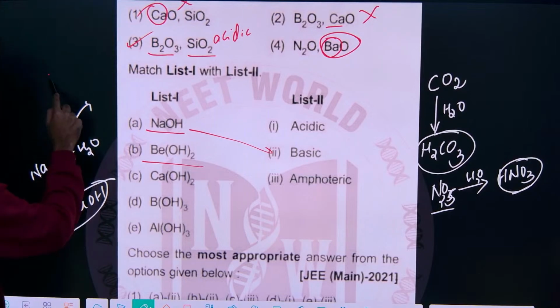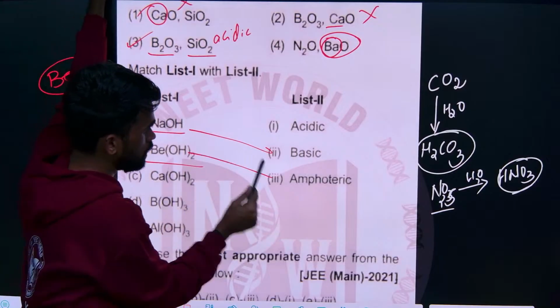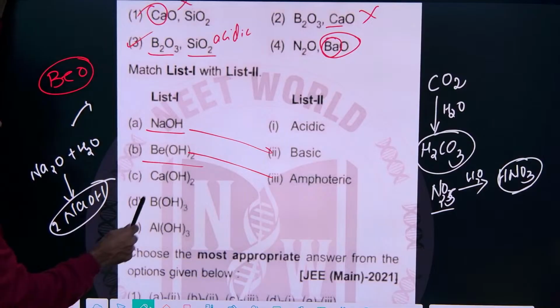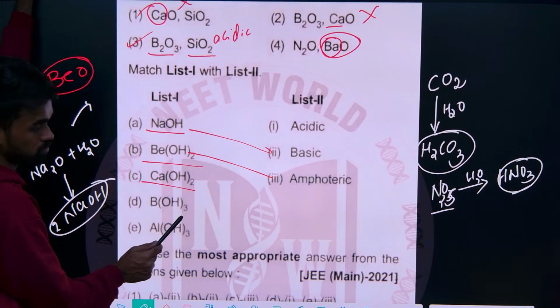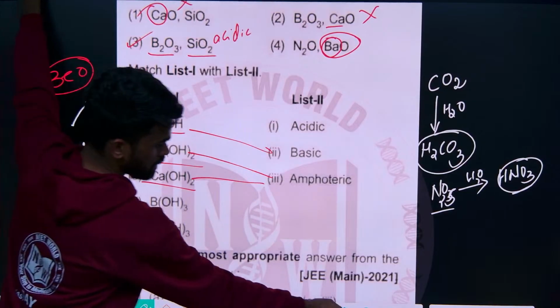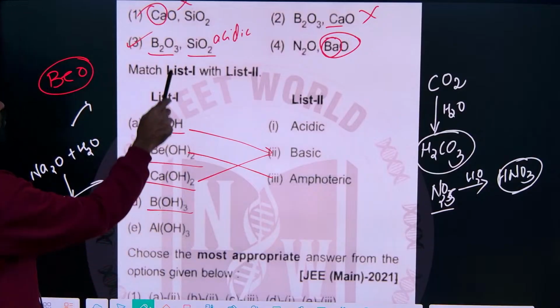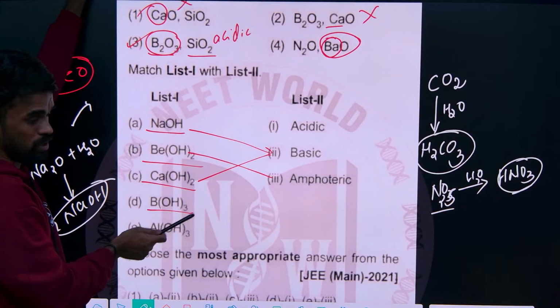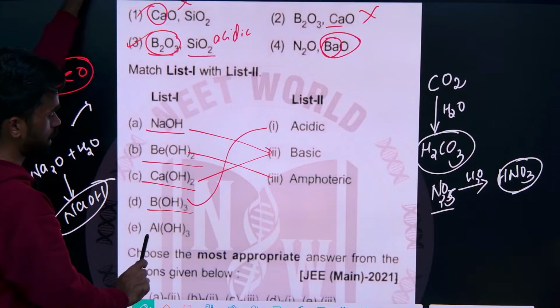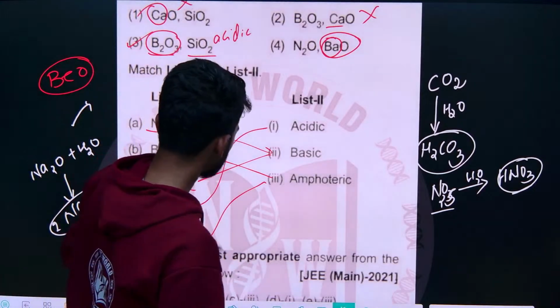What I told you, beryllium oxide is amphoteric, so this one will also be amphoteric. Next, calcium hydroxide, basic. Next, if I told you B2O3 is acid, the respective hydroxide will be acidic. Al2O3 is amphoteric.